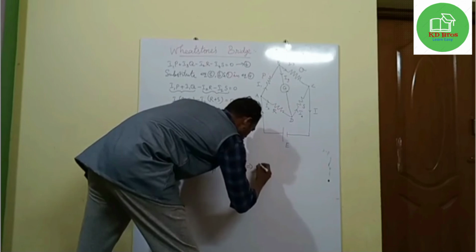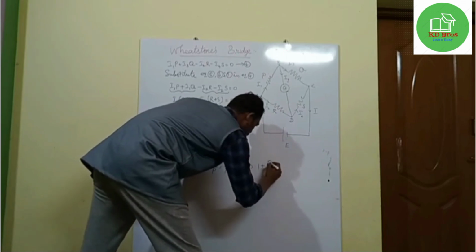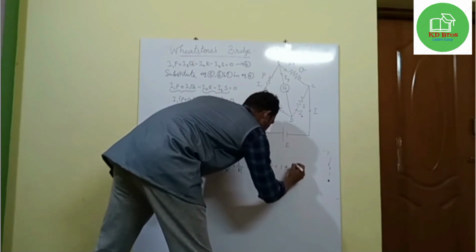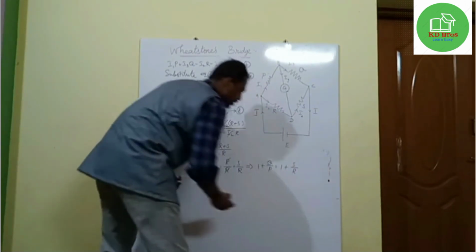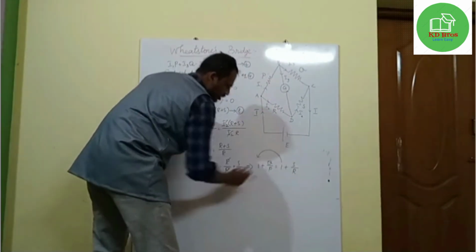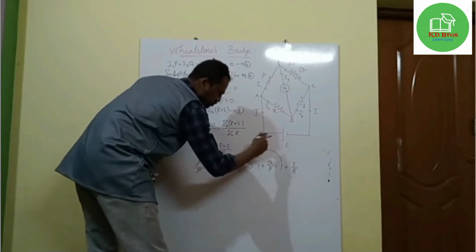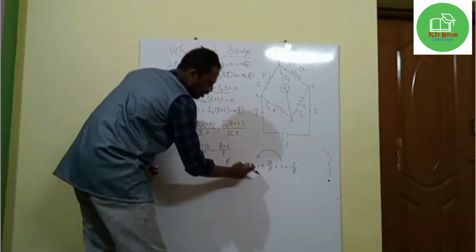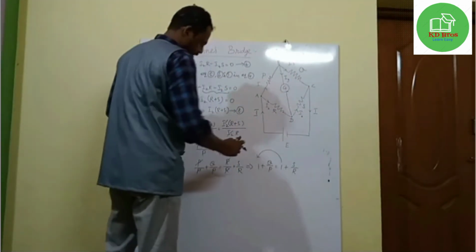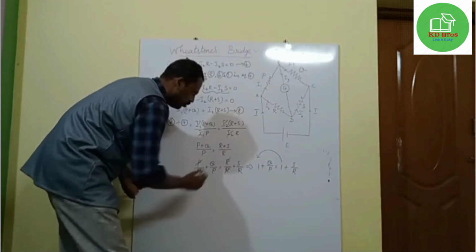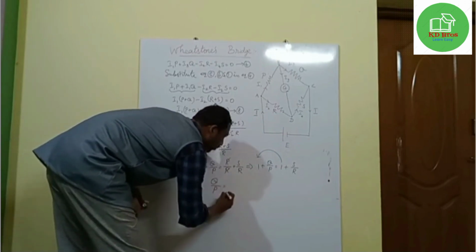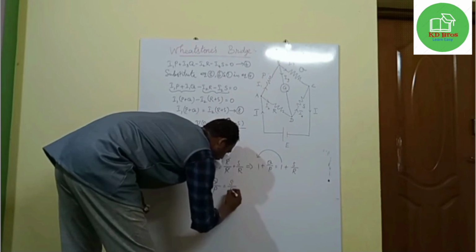Which implies 1 plus Q divided by P is equal to 1 plus S divided by R. Suppose this one is brought to the other side, the plus 1 becomes minus 1, and minus 1 plus 1 becomes 0. So that 1 is removed from both sides. What will be the remaining? Q divided by P is equal to S divided by R.